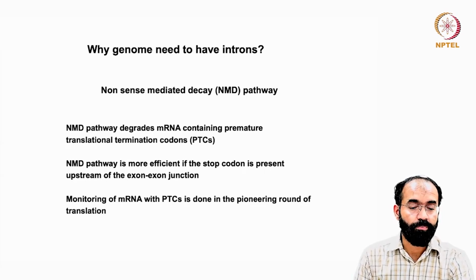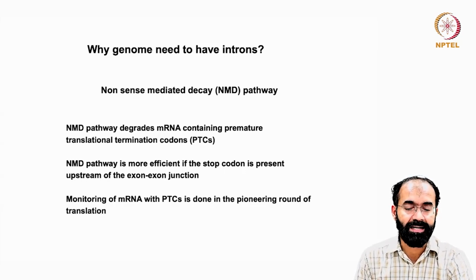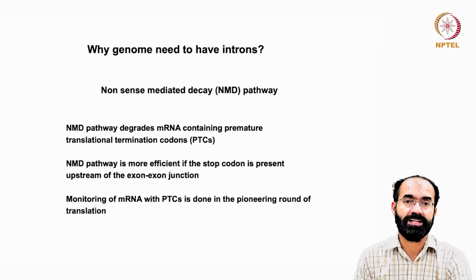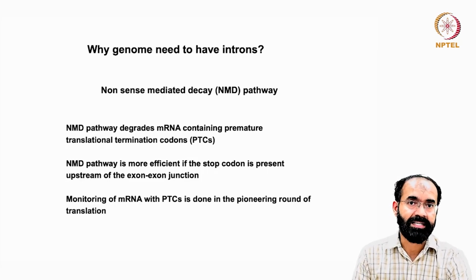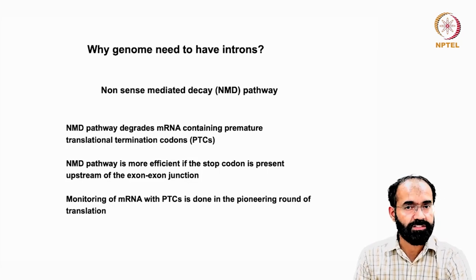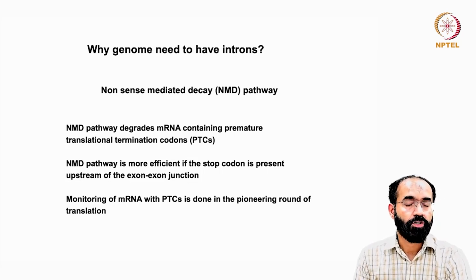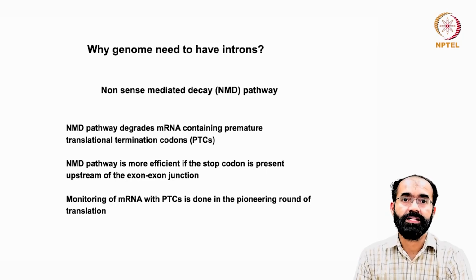Keep this in mind. How does it work? We will see. Monitoring of mRNA with premature termination codons is done in the pioneering round of translation. That means when the RNA is translated for the first time, of course a defective protein is formed in that one round.